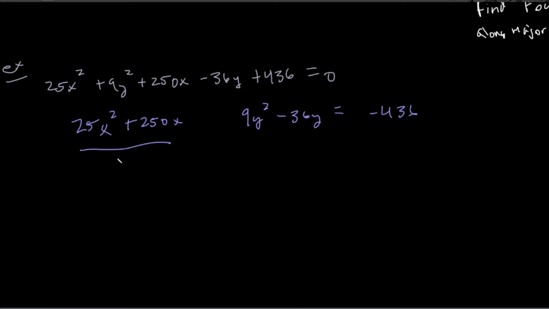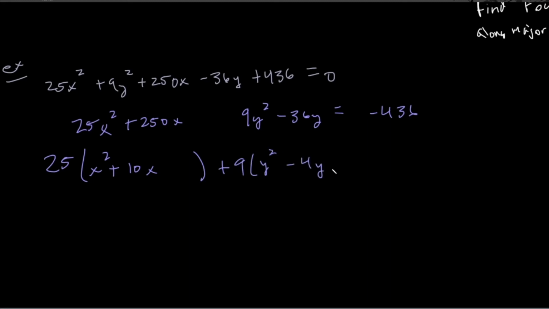Before that was just 1x squared. We have to deal with that 25 now. The way we deal with that is just by factoring out 25. 250 divided by 25 is 10x, and then plus 9 quantity y squared minus 4y equals negative 436.